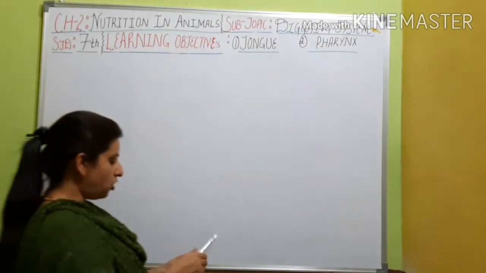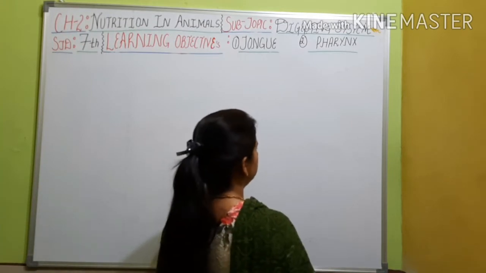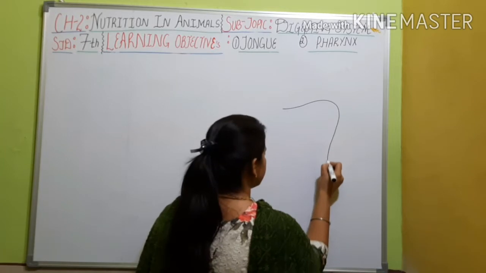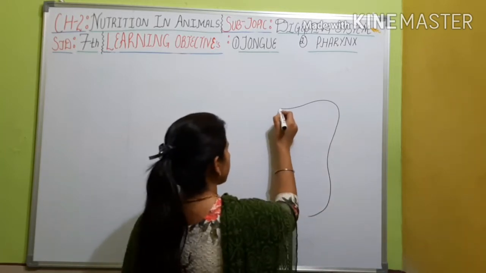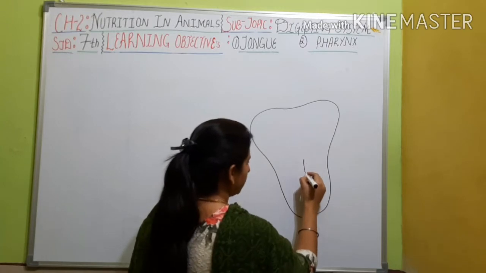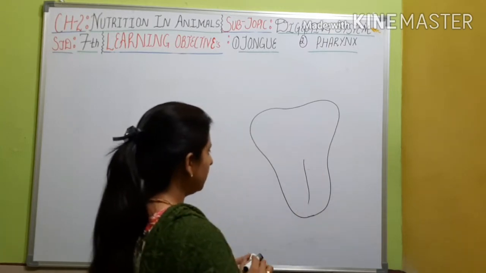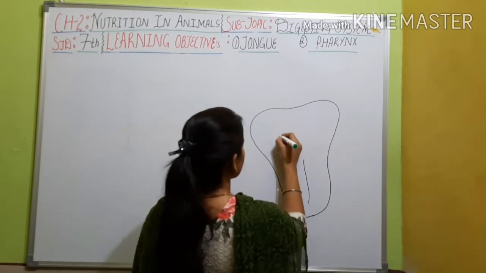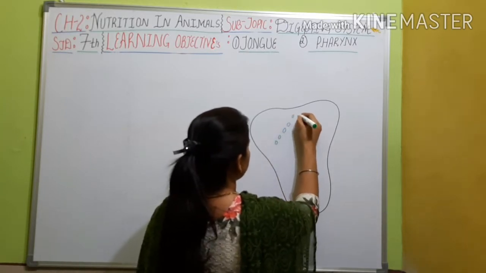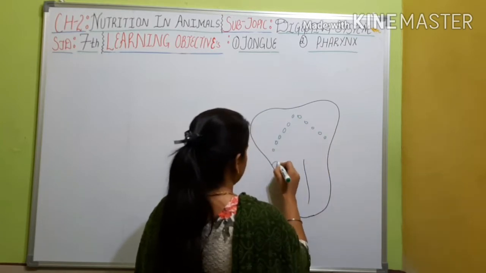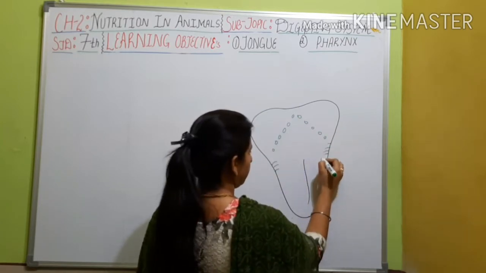If I draw a structure of the tongue, it looks something like this. And on the tongue there is the presence of a V shape and many kinds of papillae.